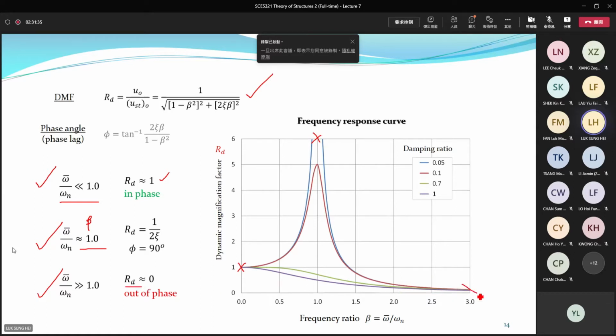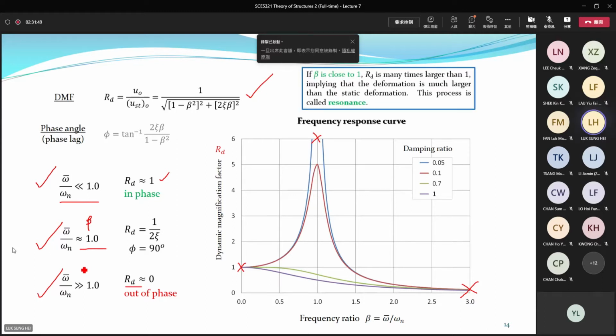So here there are 3 extreme points: at the beginning, at resonance, and at a large loading frequency. When beta is close to 1, we call that resonance.